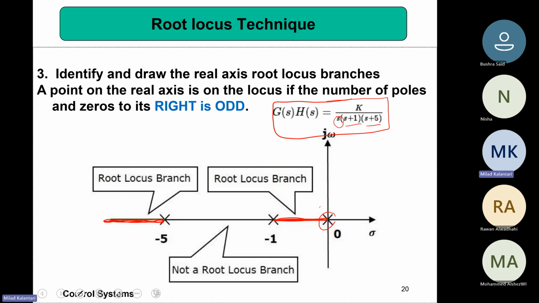So what else do we know? We know that the roots start moving from their origin, right? This starts from here, and this starts going to the right side, and this starts going there, right? So these are the things that we can easily understand.